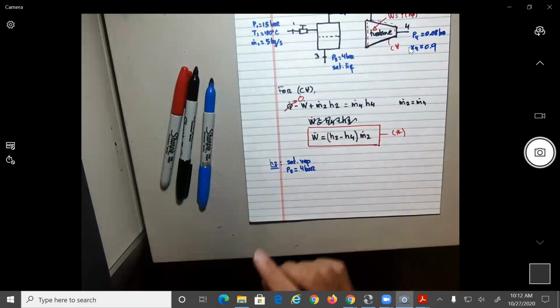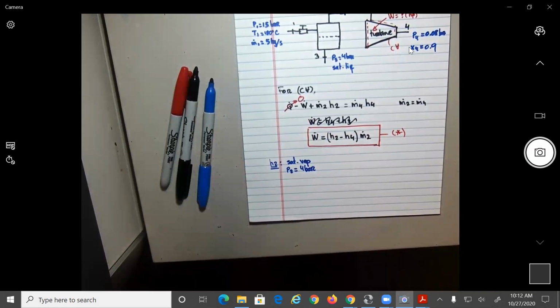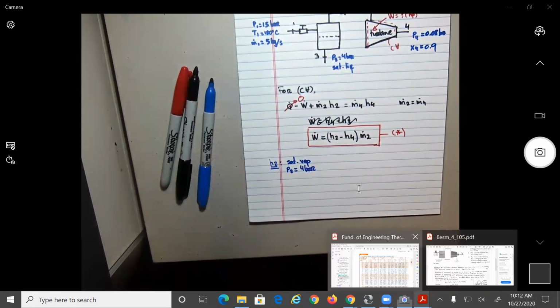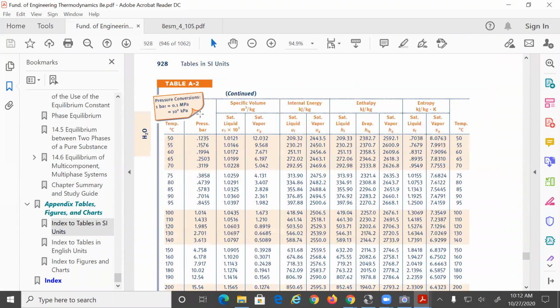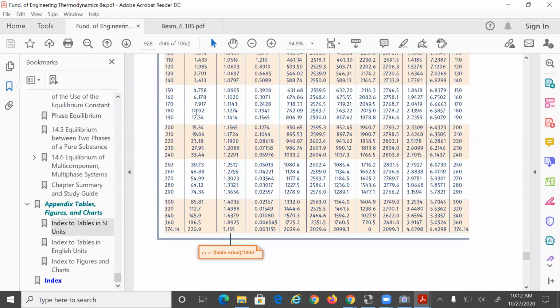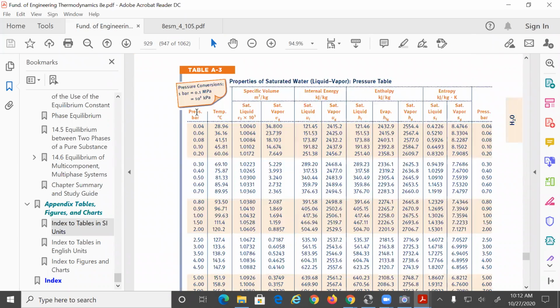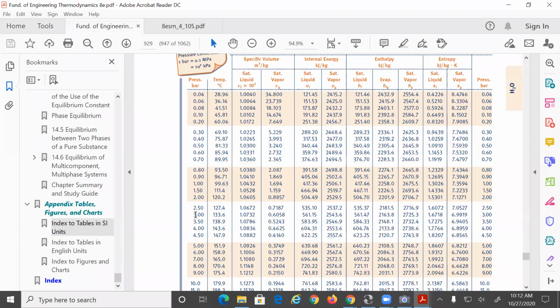Okay? So from here, we could go to the tables. This is the temperature, so it would be table A3 at 4 bars. We need to look at saturated vapor, we need to look at H sub g, no?